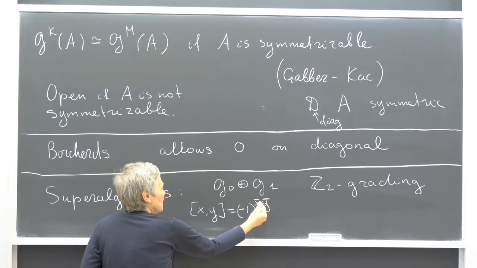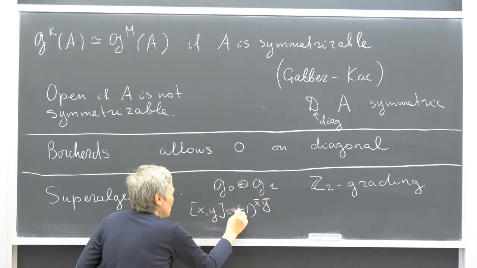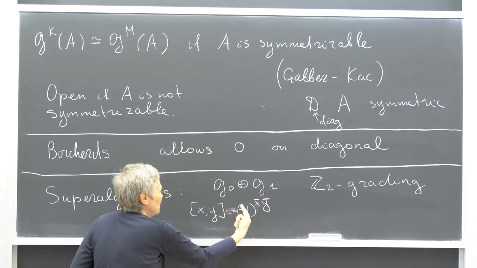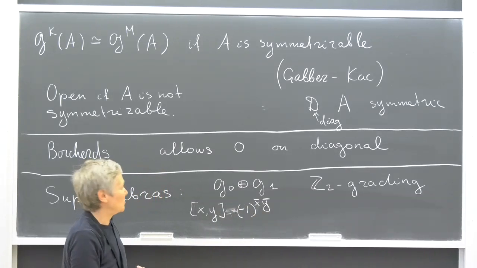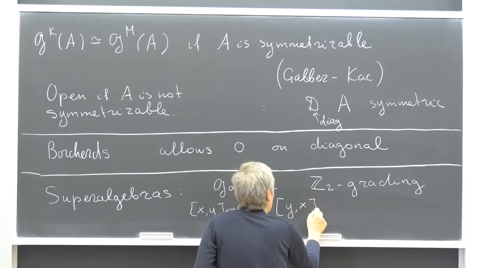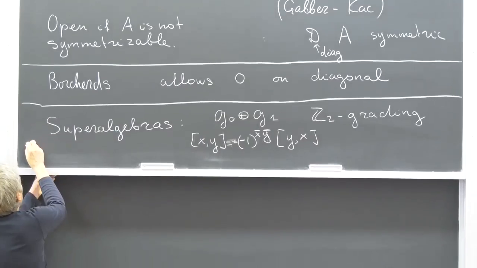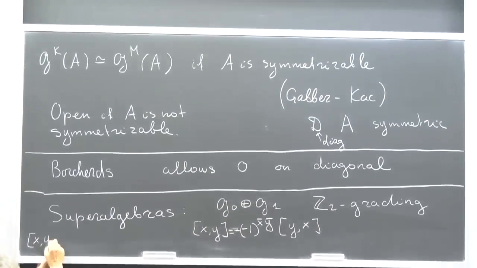Here, the bar just means the grading, so all identities are written for homogeneous elements, and then a Jacobi identity, which I will write in this form.